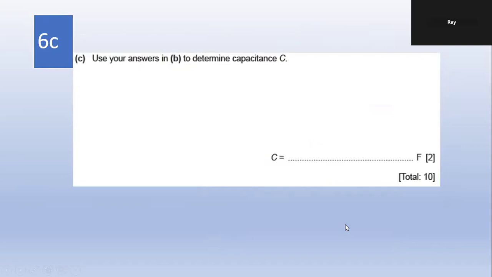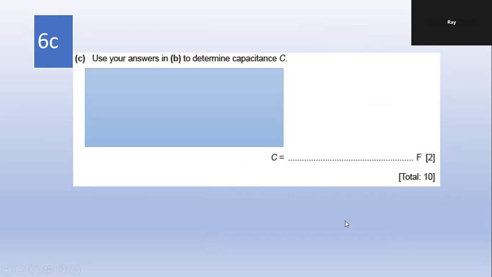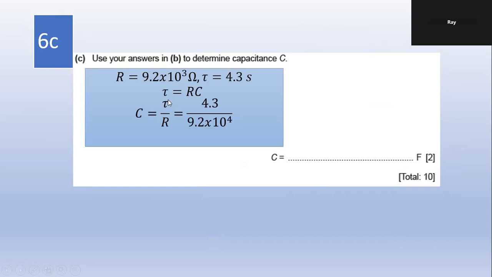Use your answer to determine capacitance. All you need to remember is this is calculated, and then the time constant equals RC. Memorize that. Then C is time constant over R. Time constant is 4.3. R is that.